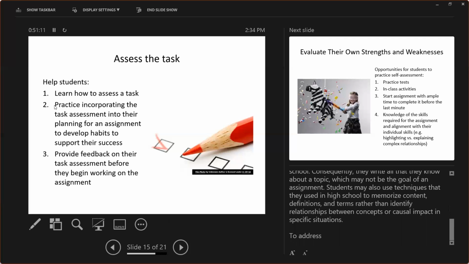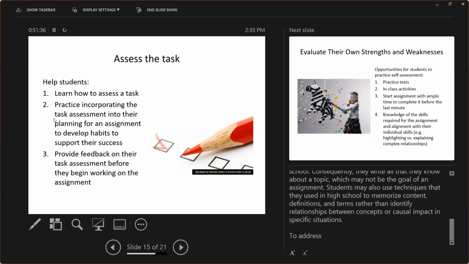And so you as a faculty member can incorporate sort of a quick task assessment into their planning for the assignments to help them develop those habits. And then over time, they won't need as much of that sort of structure, and they'll become more independent and self-regulated.